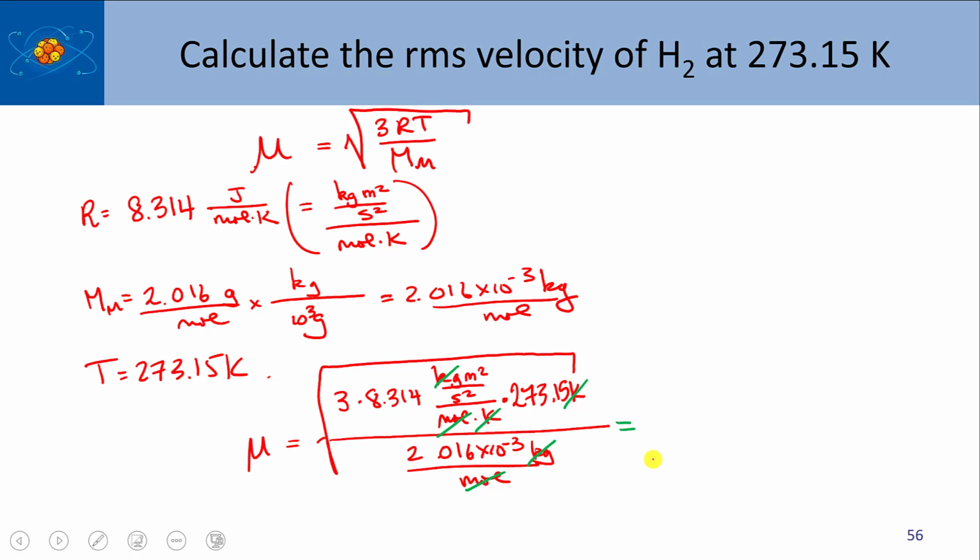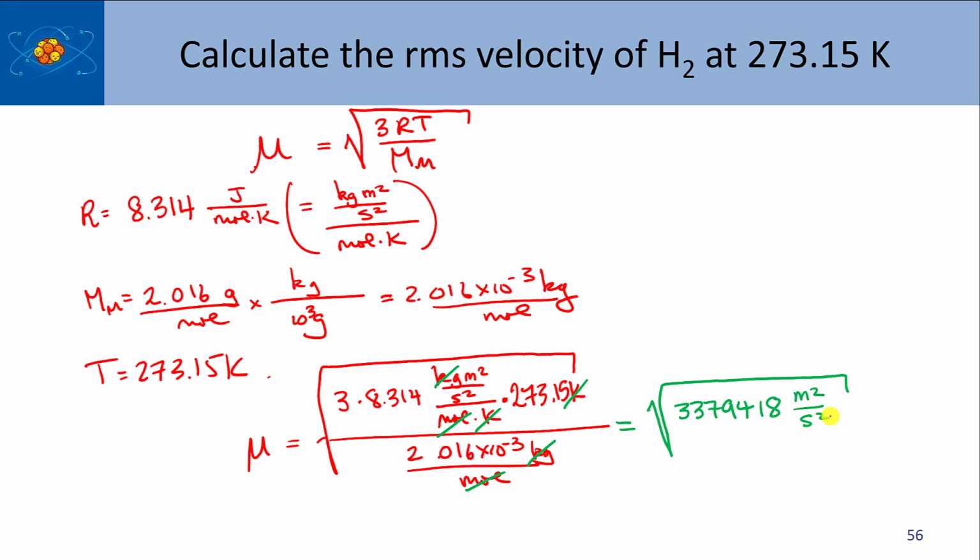Sorry, I looked at the number and thought, that's not right, but it is right. It's the square root of 3,379,418, and the units that are left are meters squared per second squared.